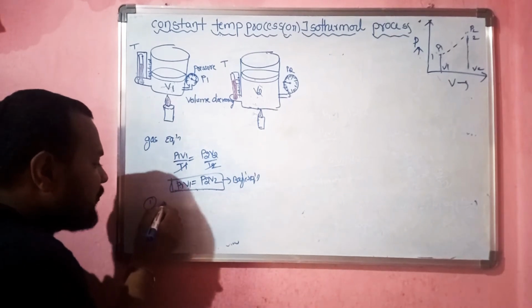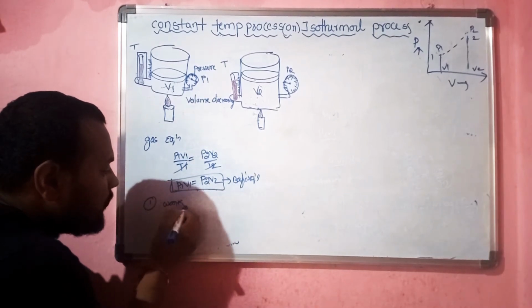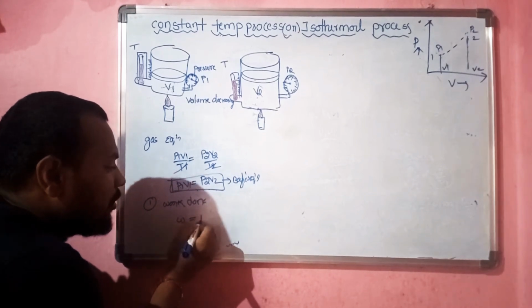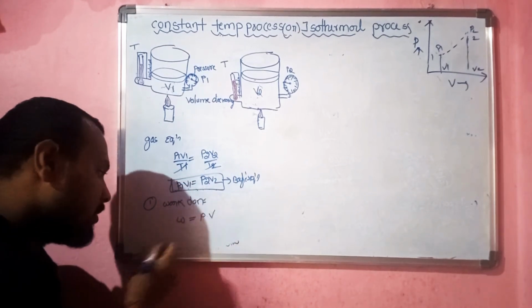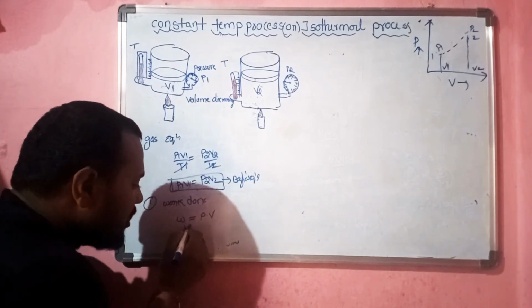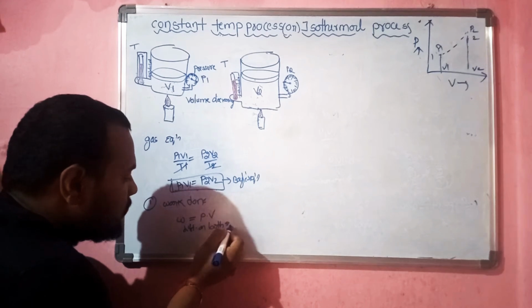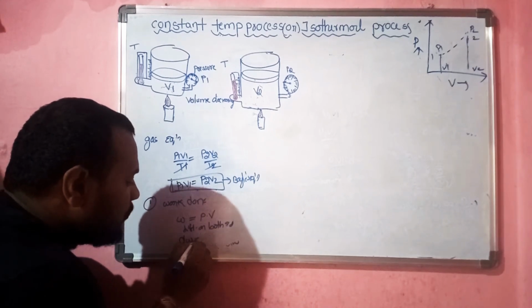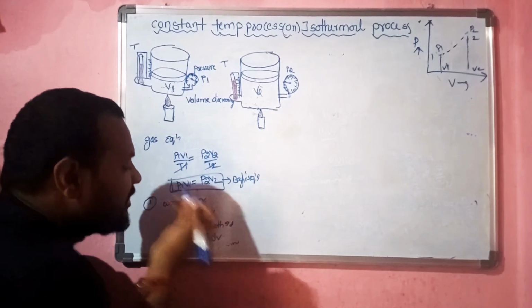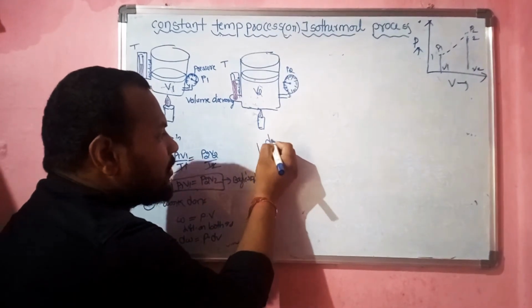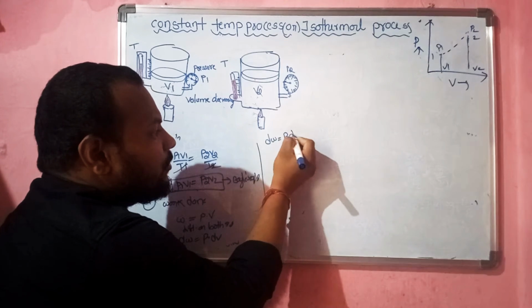First we should find the work done. Work done W is equal to PV, so now differentiate on both sides. Then we get dW is equal to P into dV.